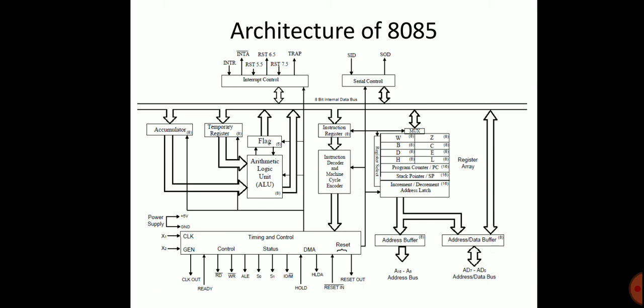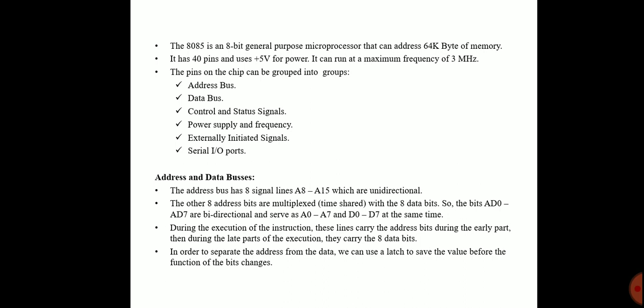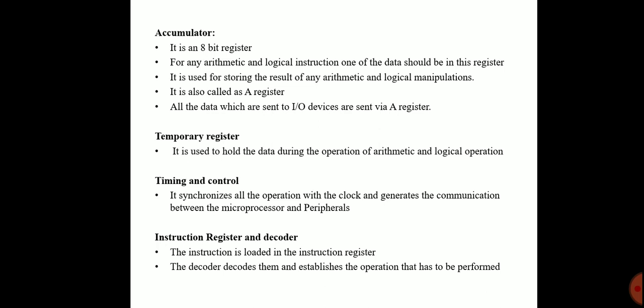The instruction decoding unit decodes the instruction and provides the information to the timing and control unit to generate the necessary signals for instruction execution. So, next slide. This is the theoretical part of the 8085 internal architecture: address and data buses, the accumulator and the temporary registers, timing and control, instruction register and decoder.